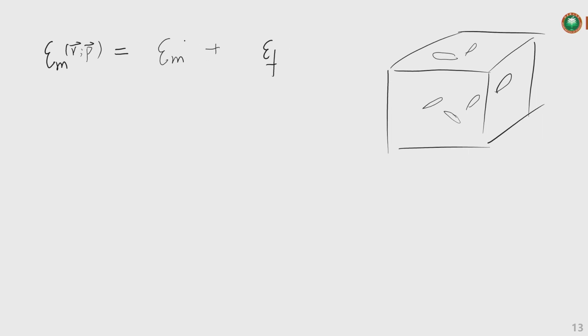And here, this mean term, that means we just assume that it's distributed uniformly inside of this volume, so it is not position dependent. And the fluctuations, definitely it is orientation dependent, also position dependent, like this term.